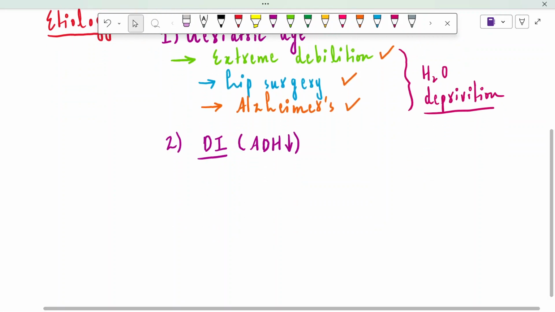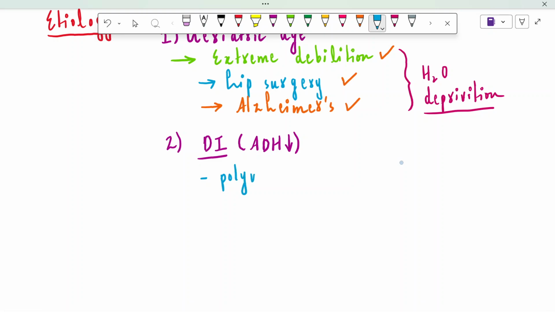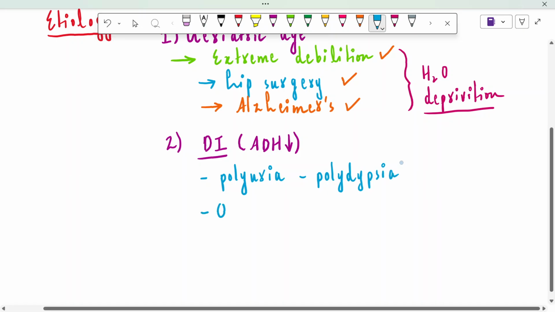So in diabetes insipidus, in either case, these patients will have polyuria because water is being lost in these conditions. There is polydipsia, polyuria, and the urine osmolality will be low because a huge amount of water is released, right?